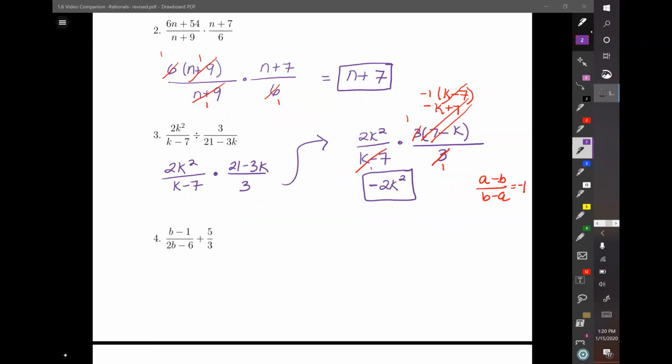Okay, problem number 4, or example 4: b minus 1 fraction bar divided by 2b minus 6, and then plus 5/3 as my second fraction. So I can try to split things up a little, see if I can factor.